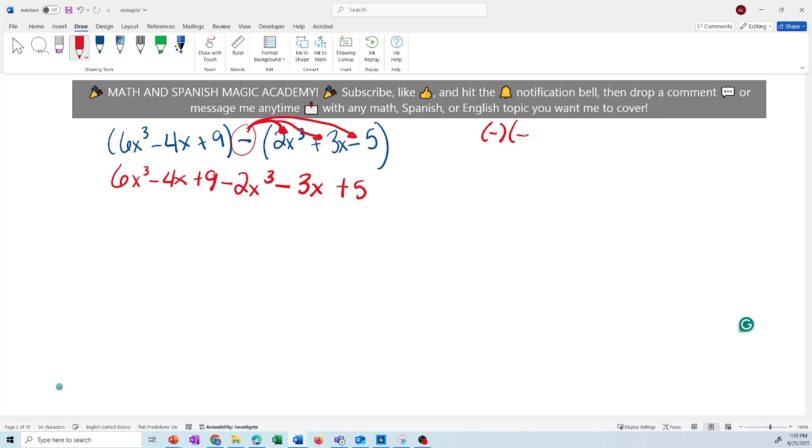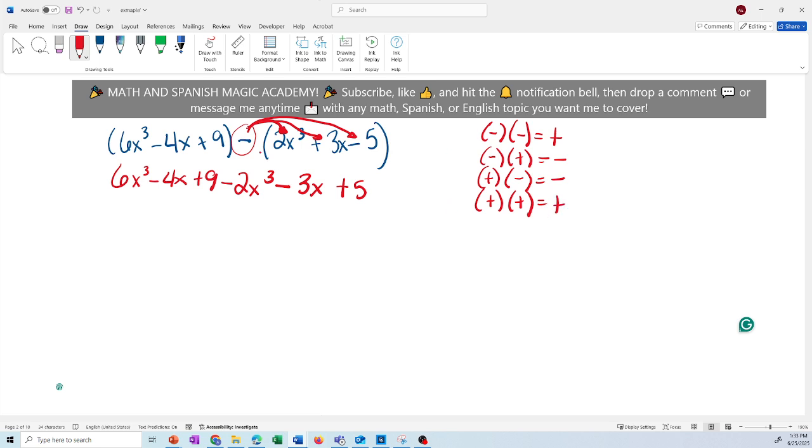Negative times negative becomes a positive. A negative times a positive is a negative. And if I have a positive times a negative, it becomes a negative. And a positive times a positive will become a positive. Okay, so those are the multiplication rules.